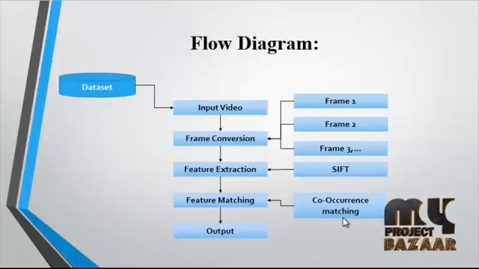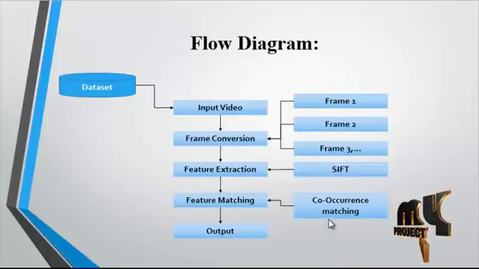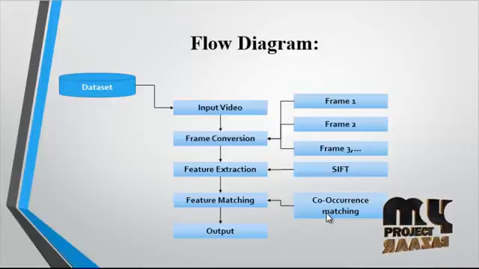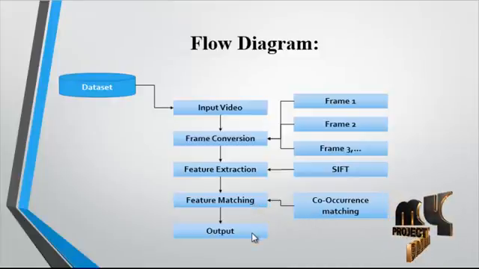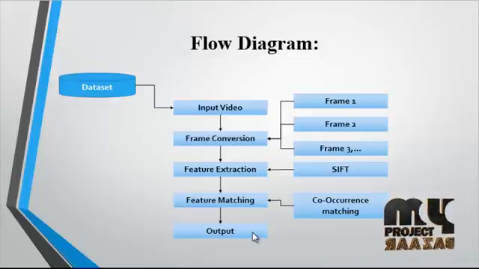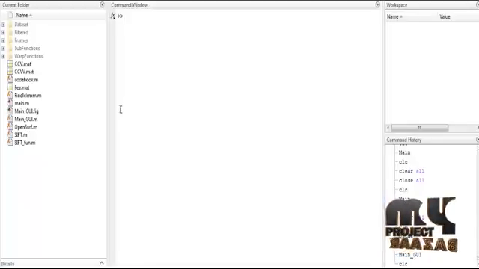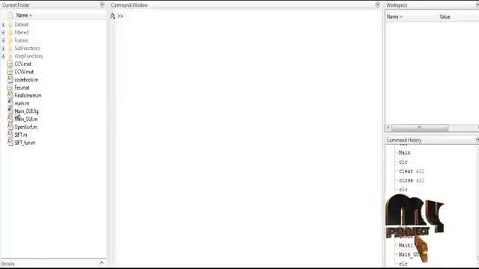Co-occurrence matching is nothing but the matching of the feature points using the color. The color coherence is taken from the frames, that is the co-occurrence matching. After the matching, the two input frames are compared and the matching points are plotted as per the features extracted from the image. Now we discuss the initial running procedure for the process.